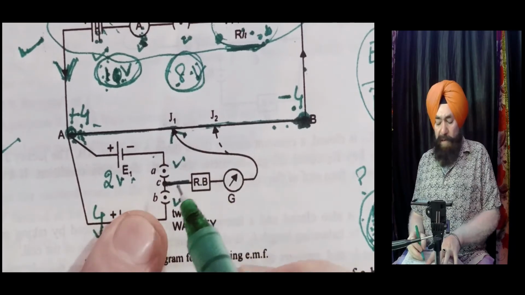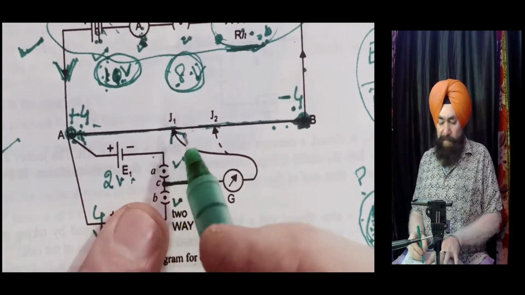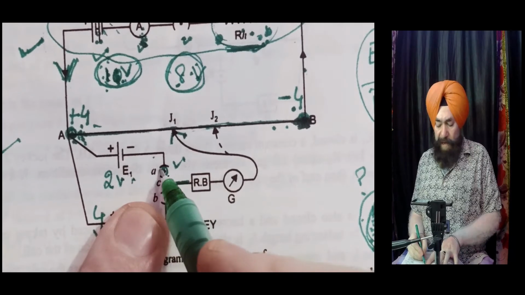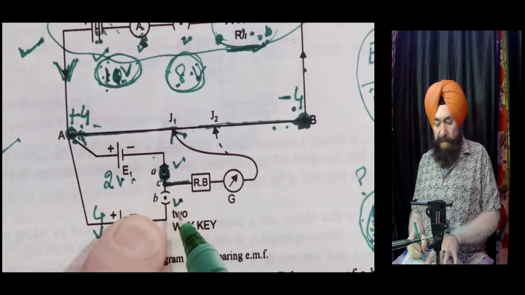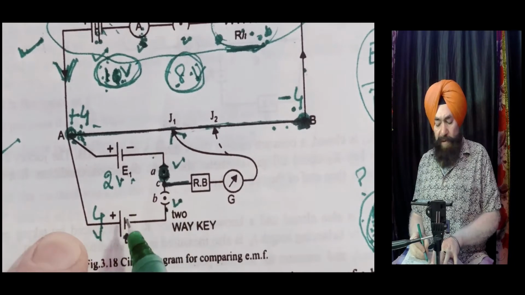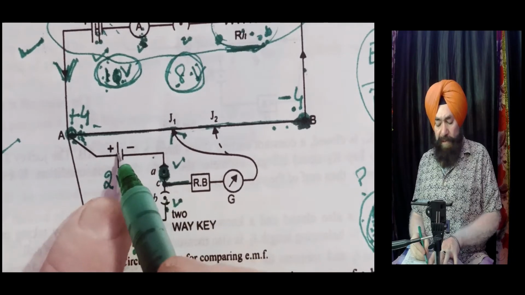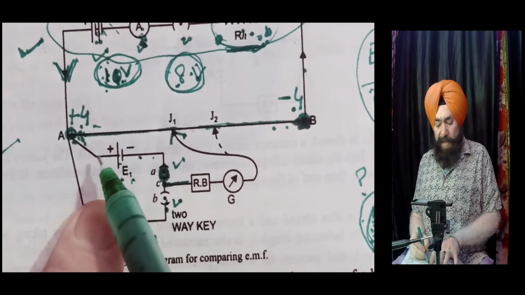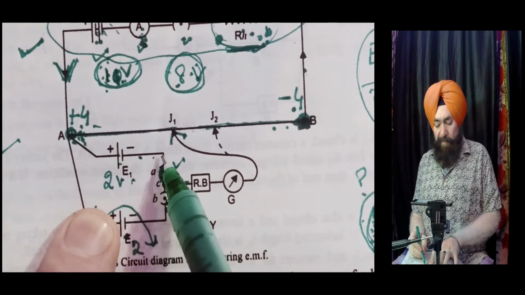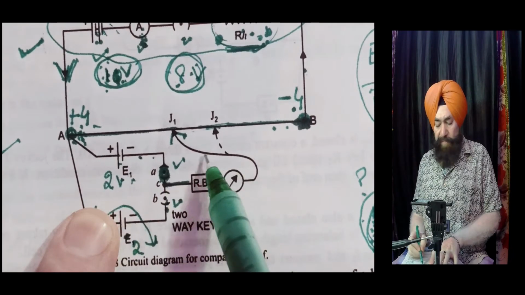Right? Now what happens? First of all, I make the contact here. When I make the contact here, this is broken, so this battery will be out of the circuit because this circuit is broken. This cell comes into the circuit, and the circuit completes like this.